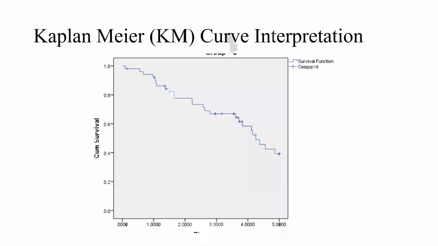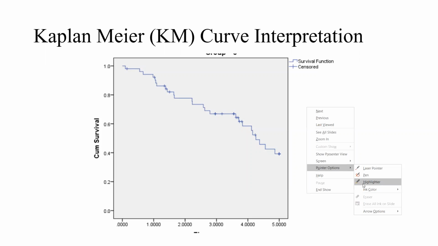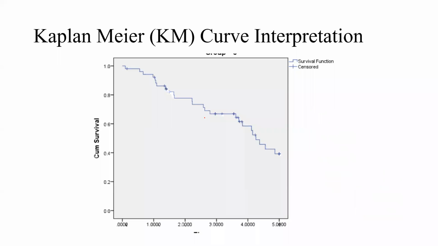So how could we interpret a Kaplan-Meier survival curve? I just plotted a Kaplan-Meier survival curve for our reference, and I will tell you different scenarios for interpreting that survival curve. Let me take this pen. Can you see I'm drawing?